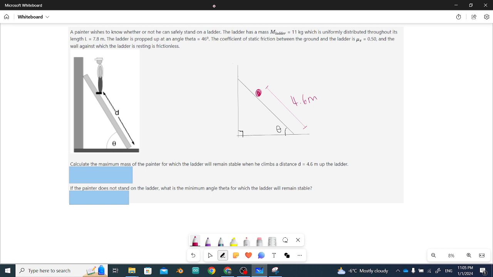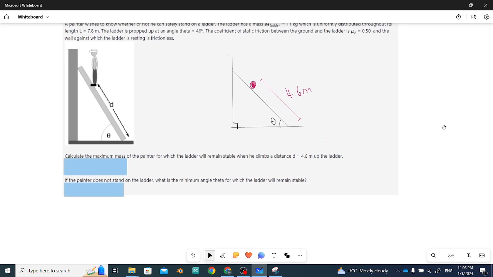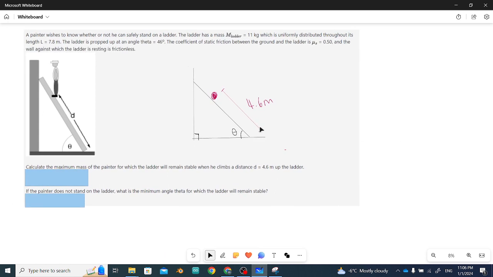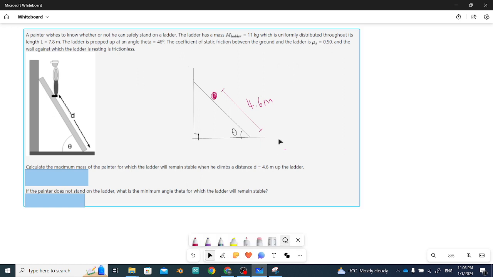So now let's draw the isolation diagram. So I'm just going to draw it here.